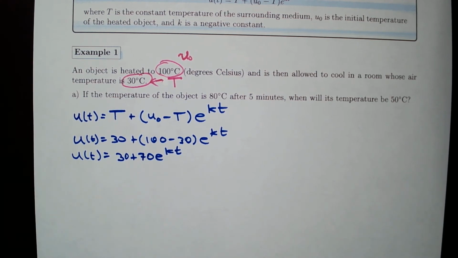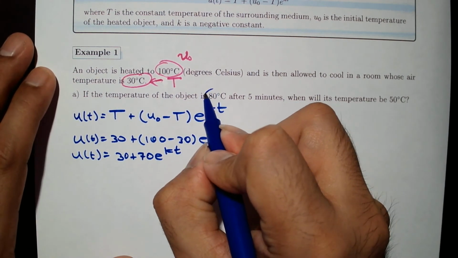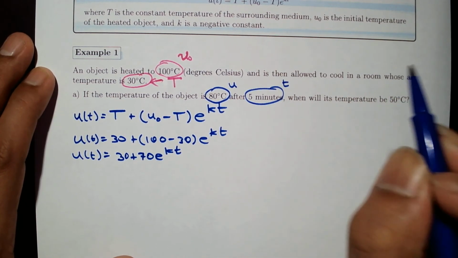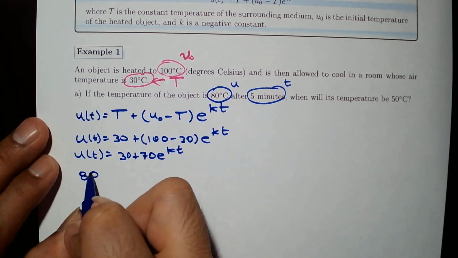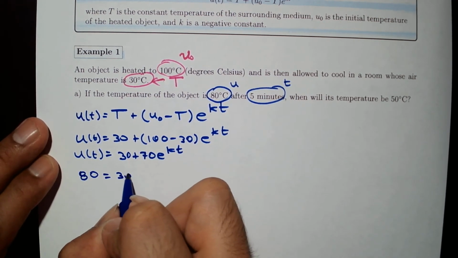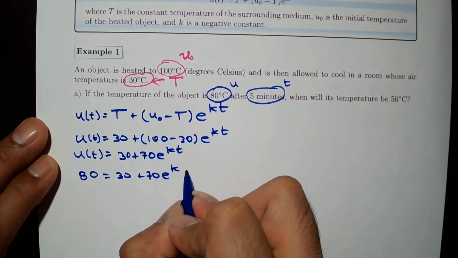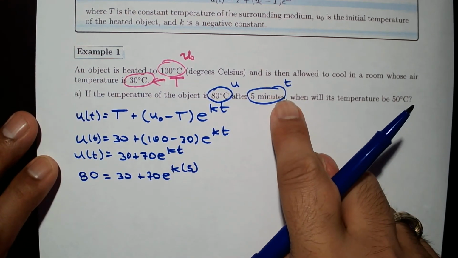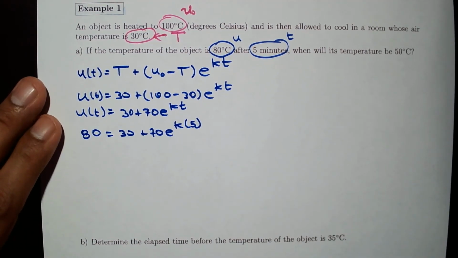Okay, so how are we going to get this done? In this case, this is U and this is t. So I'm going to write 80 equals 30 plus 70 e to the k times 5, where this 5 is the time, and this U is the temperature given as the data.